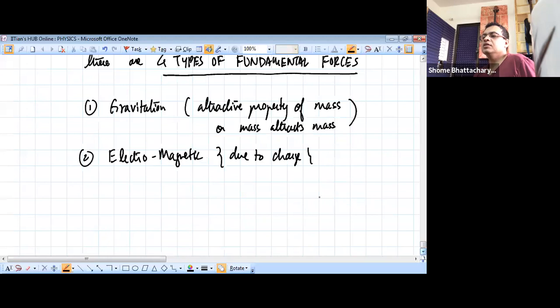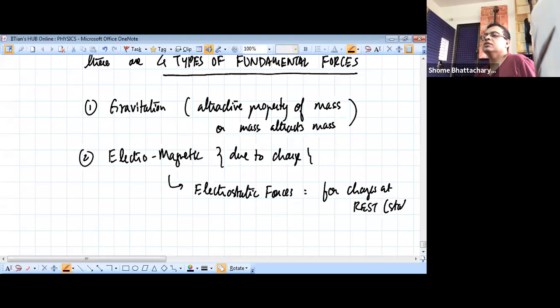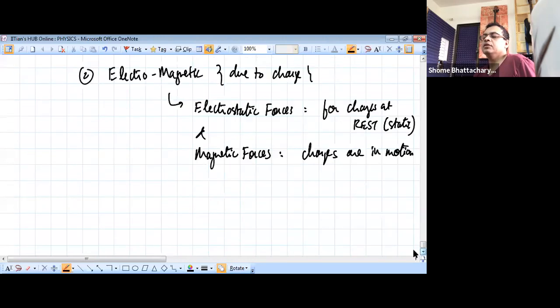So at a later stage, we'll understand in more detail that electrostatic forces are there for charges at rest, or static charges, and magnetic forces act when charges are in motion. That is why electric current creates a magnetic field. Okay.